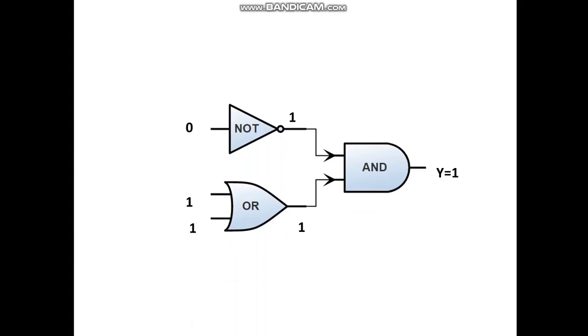So the output I got is 1 for an input combination of 0, 1, 1. Suppose I change an input to the NOT gate to 1, the output of the NOT gate will be 0. Then the output of the AND gate I'll get as 0, meaning the output of this circuit will become 0.